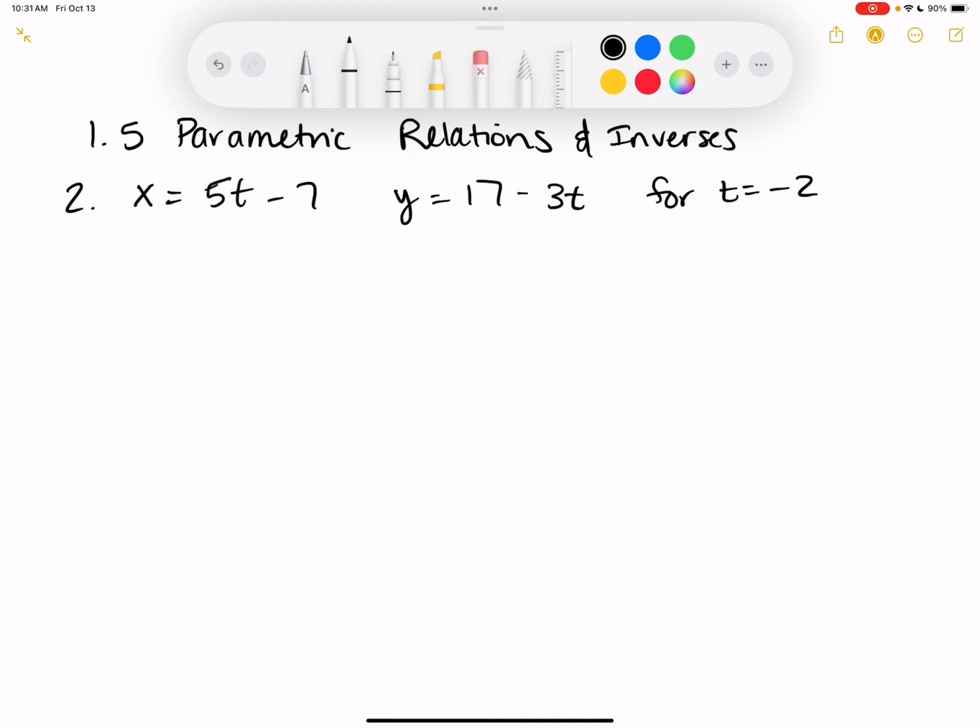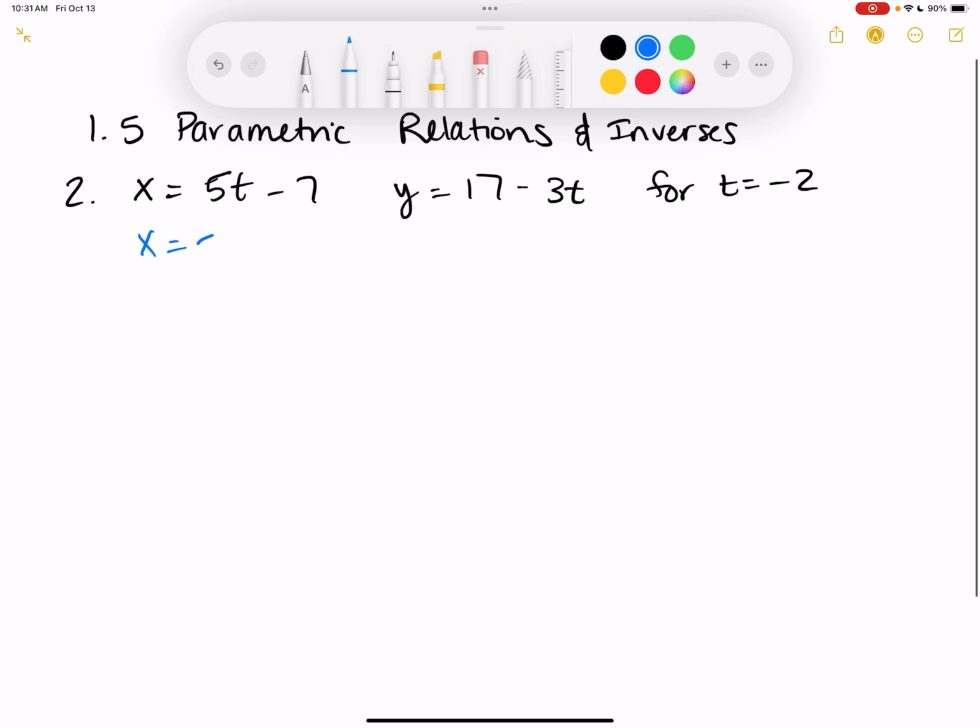All we're doing really is plugging negative 2 in for T and getting an XY pair. If they don't give you a number that's getting plugged in, we do things a little differently. But since we have something that's getting plugged in, we just go with it.